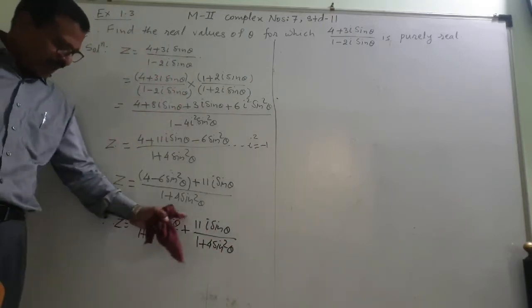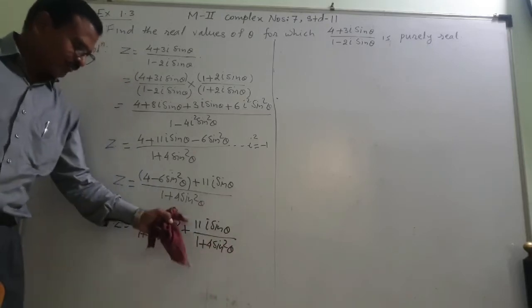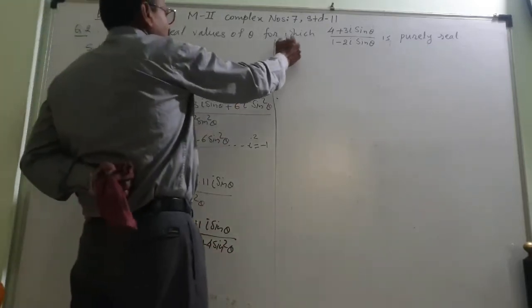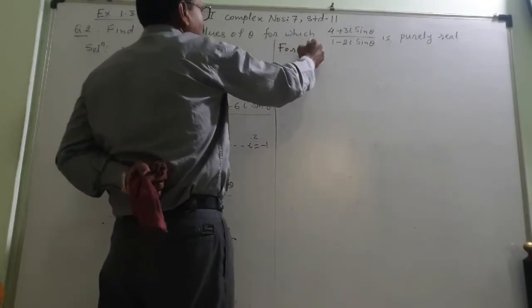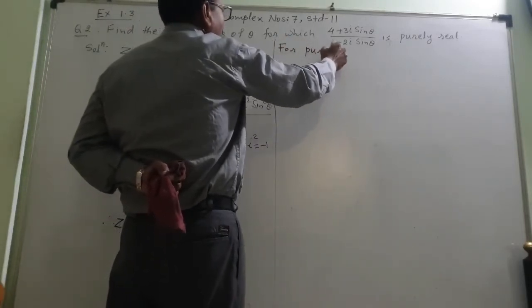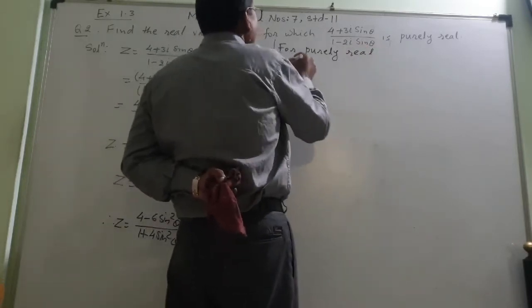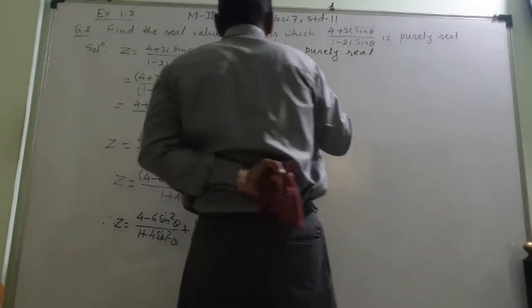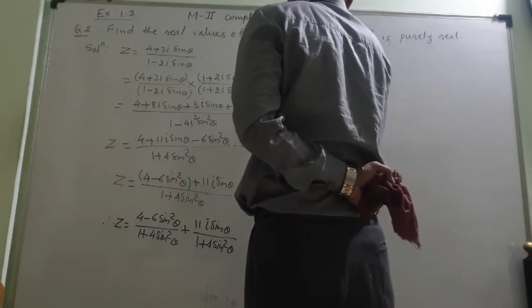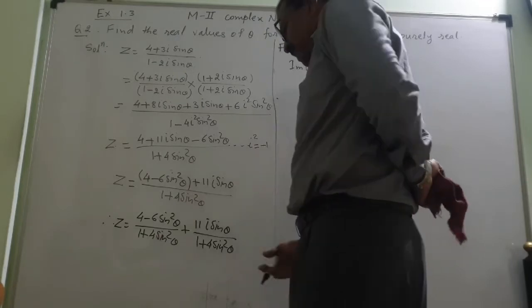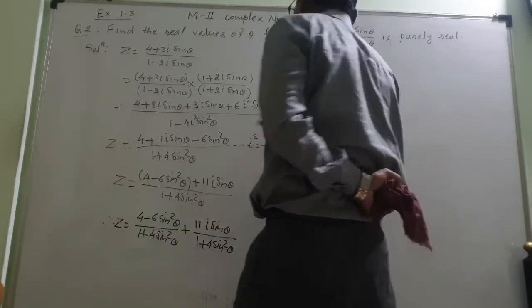For purely real, this part should be 0. This i part I don't want. For purely real, the imaginary part, Im(z), should be equal to 0. Which is that imaginary part? This much.